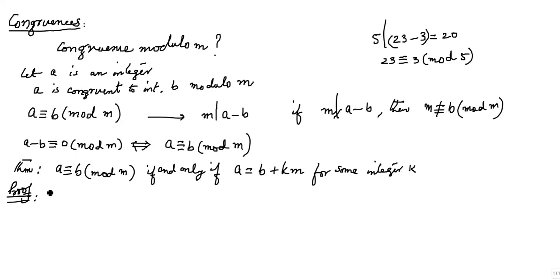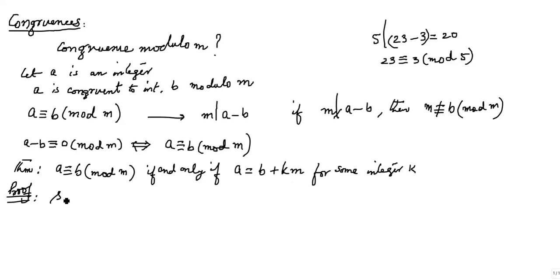Okay, so because this theorem is with if and only if, we consider that the first part of the theorem is true, and then we will prove that the second part must be true, and then vice versa.